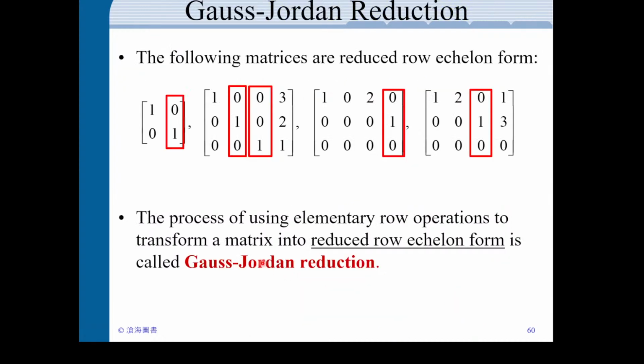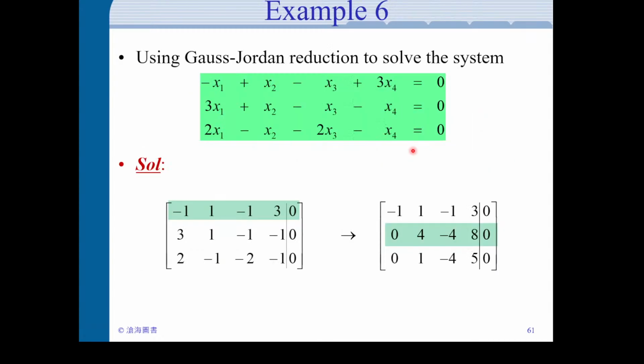This is the reduced row echelon form, and you can use the three elementary row operations to make any matrix into a reduced row echelon form. That process is called Gauss-Jordan reduction. A quick review is like this. You pick rows one by one, look at the pivot row, and make everything under the pivot 0 by adding or subtracting the pivot row to other rows.